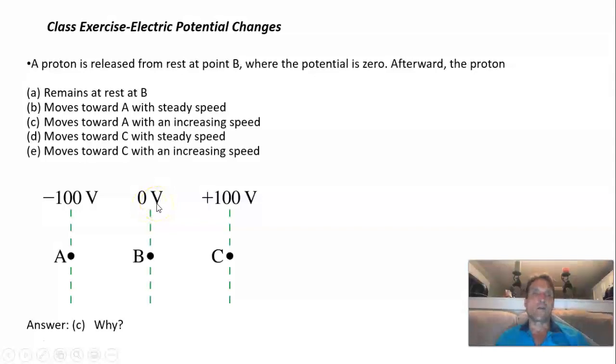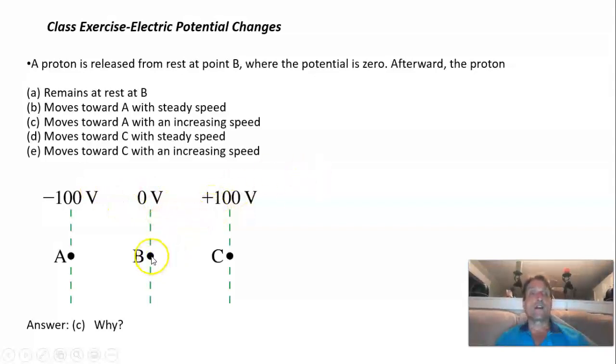Now again, remember, since only the potential differences matter, and point C is 100 volts higher than B, and point A is 100 volts lower, we could equally well call point B 1,000 volts, point C 1,100 volts, and point A 900 volts, but we're choosing just arbitrarily to call point B 0 because it's only the differences in potential that matter.